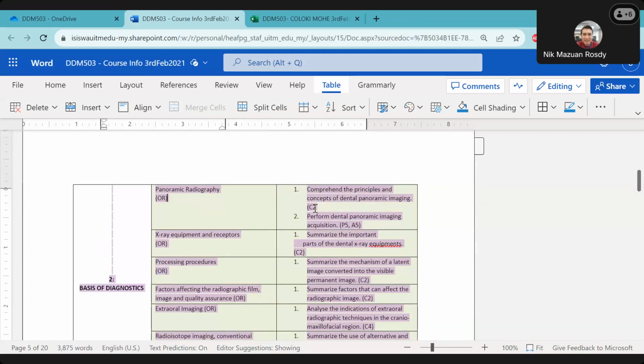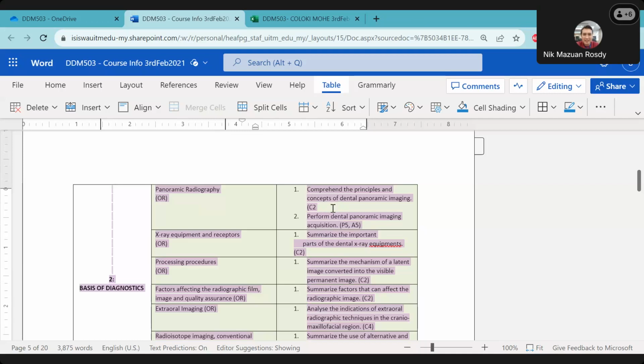So that's why we have C2 here and a psychomotor component here. So this one will map to our CLO number 3, and number 1 we will map to CLO number 1. Okay, something like that.